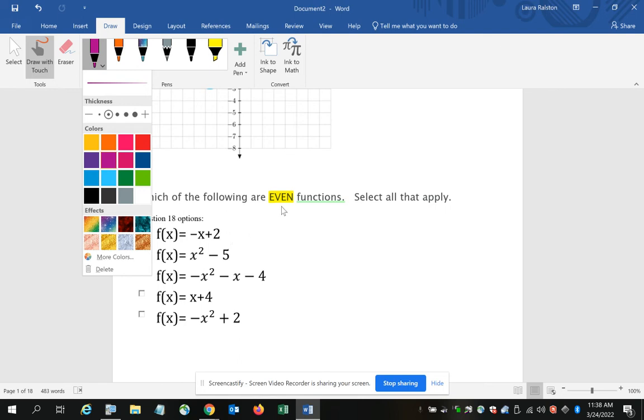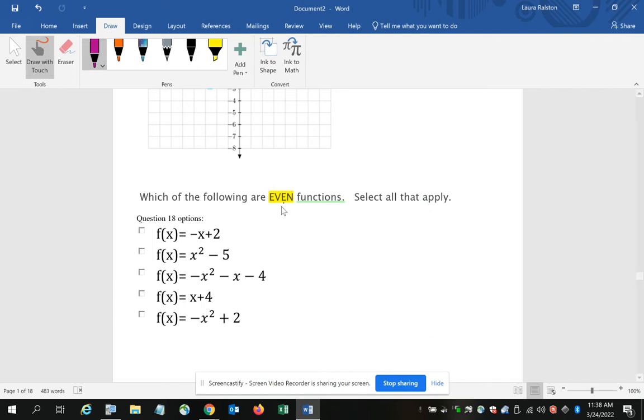To be even means that your graph is symmetric to the y-axis. Now you can do it visually or you can do it algebraically.